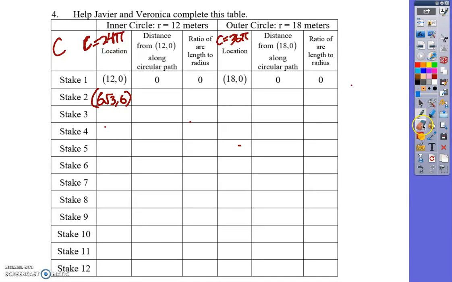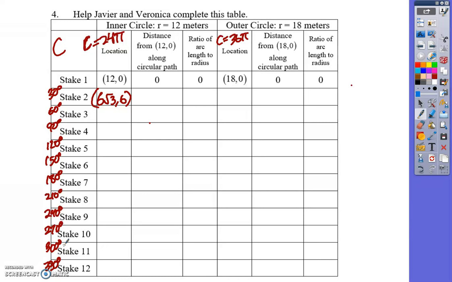So we'll need that. I'm going to be doing most of my examples here on the first chart. And we'll see what we've got going on here. So 24 pi. And we've got 30 degrees as our stake number 2. It's 30 degrees. And then 60 degrees, 90 degrees, 120, 150, 180, 210, 240, 270, 300, and 330.